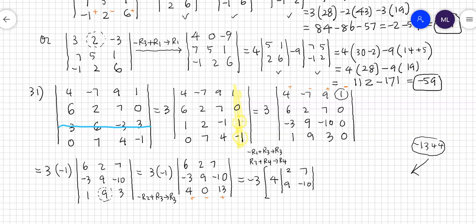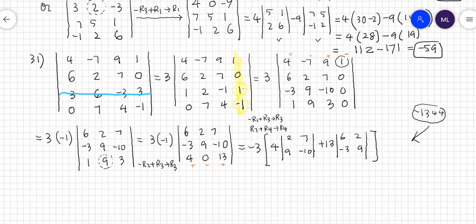And then plus 13, oops, I used the wrong color. So plus 13, and then 6, 2, negative 3, and 9. Okay, so remember, I want this number.